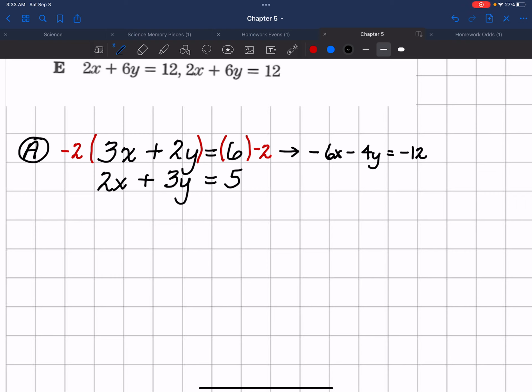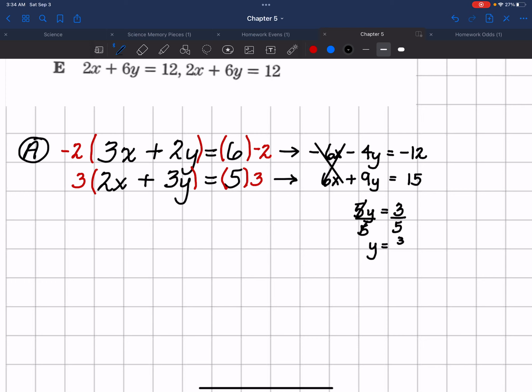And then on the bottom, I need to come up with a +6. So I'm going to use a 3 and then a 3 over here. So I'm going to say 3 times 2 is 6x plus 9y is 15. And so my x terms cancel. My y's become 5y equals 3. Divide both sides by 5. And I'm left with y is 3/5.